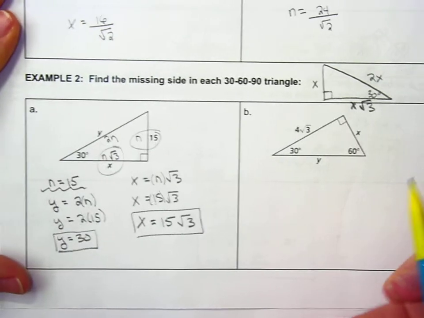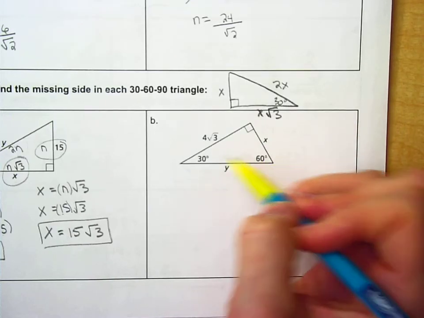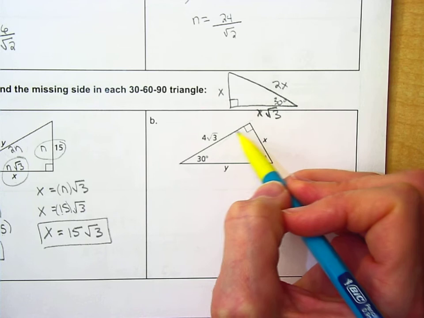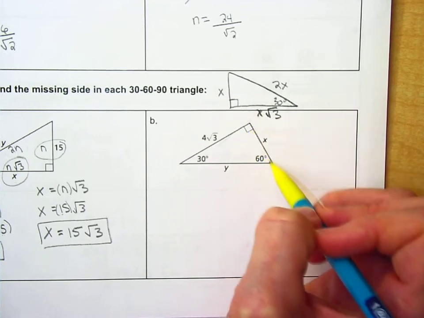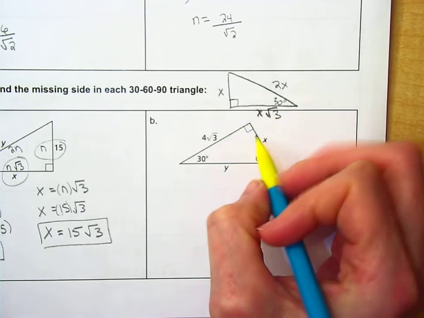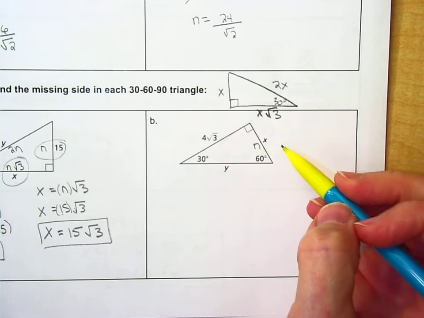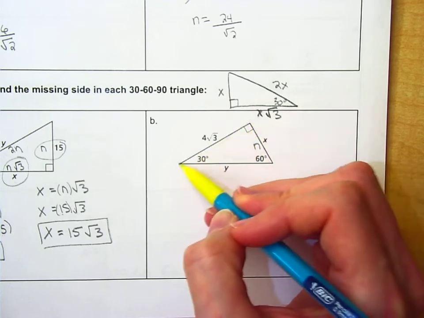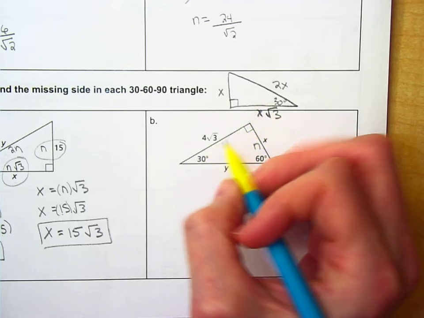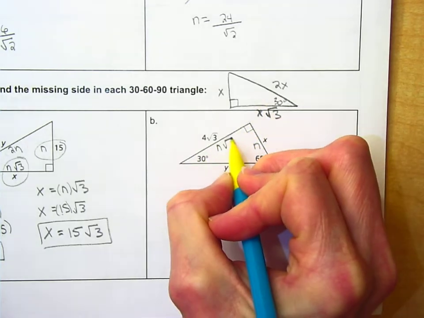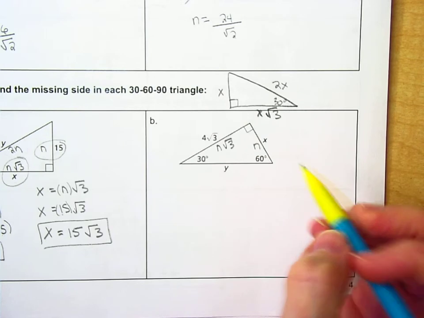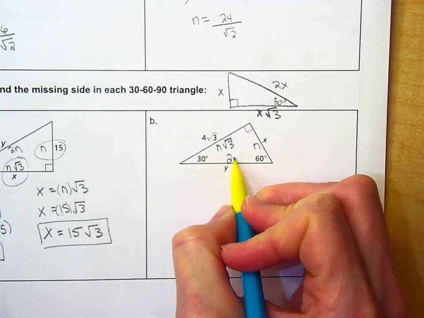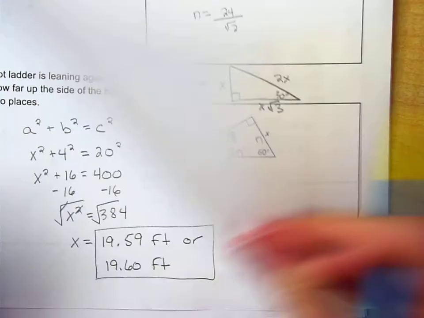All right, let's try another one. So 30, 60, 90. Here's my 90 degrees. This looks like the short side, so I'm going to call that n. This looks like the long leg, so I'm going to call that n square root of 3. And here's my hypotenuse, and that is 2n. So I'm just going to flip back here just to show you.